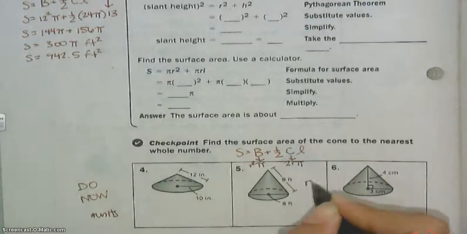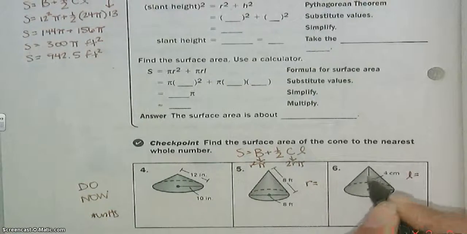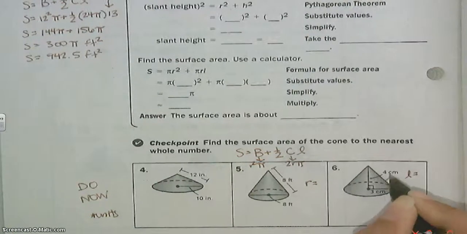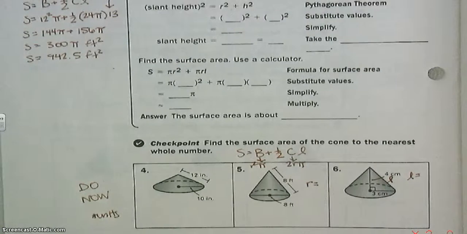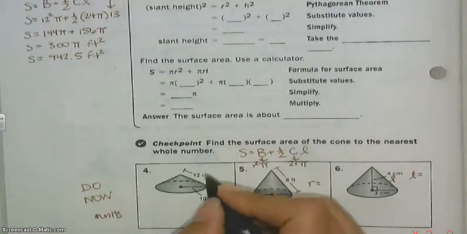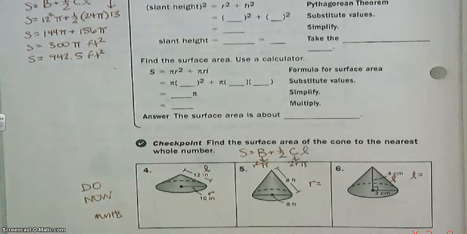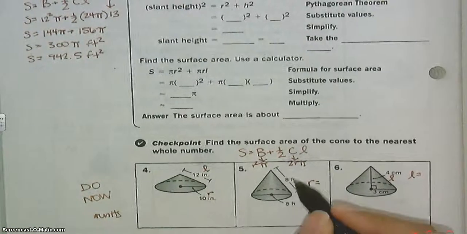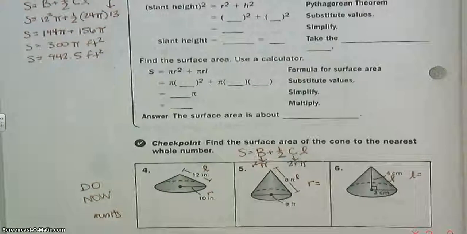Here you need to find your radius, and here you need to find your slant height. Notice they gave you the regular height. You need to find L, and then plug that into your formula. On example 4, number 4, they already gave you L and they already gave you R, so that makes it easy. Here they gave you L, but you need to find r still because they gave you diameter.